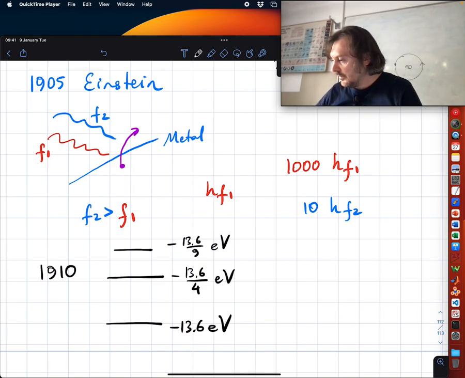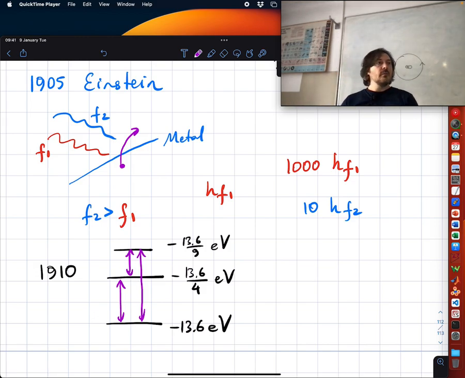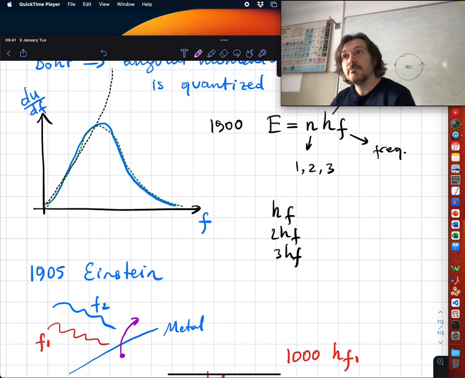Curiously, you have discrete energies present in the experiments, for some reason. So Bohr starts with this quantization. Since we started quantizing stuff, let's quantize angular momentum.